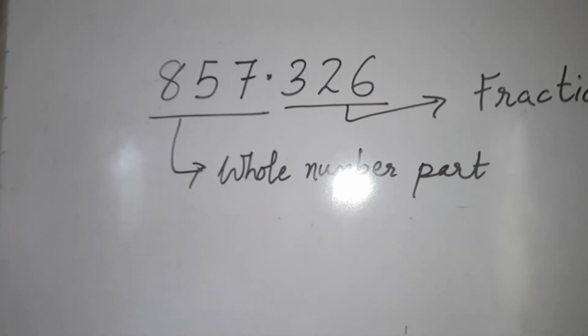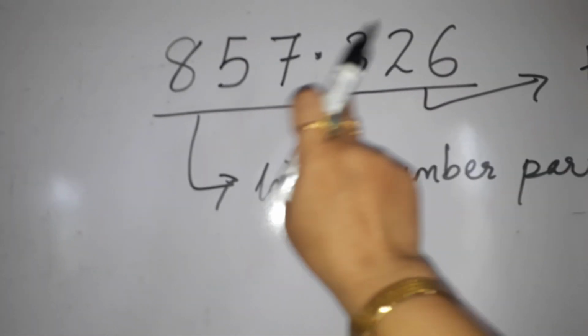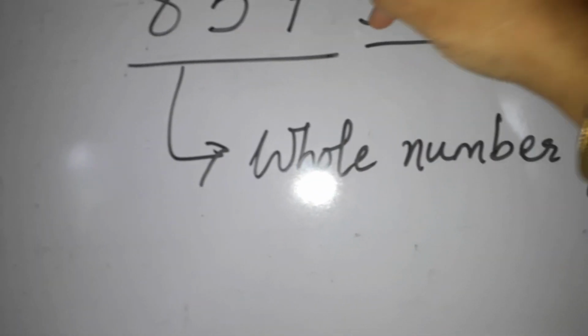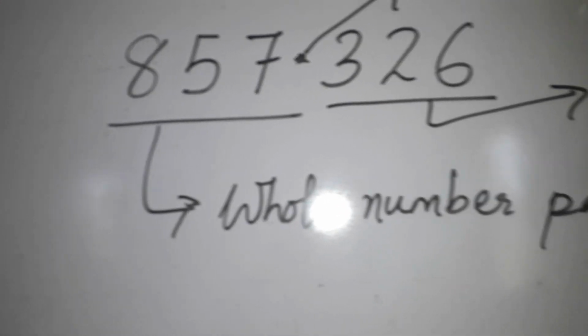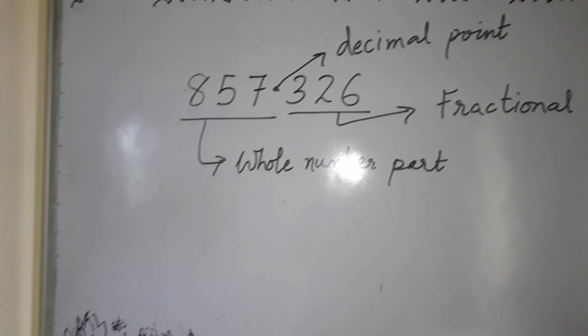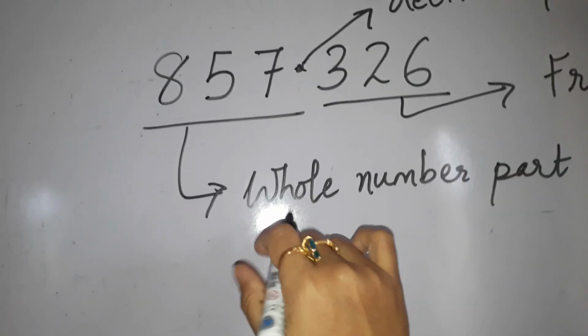Okay, now this point which separates the whole number part from the fractional part is called the decimal point. So we will start with the whole number part.